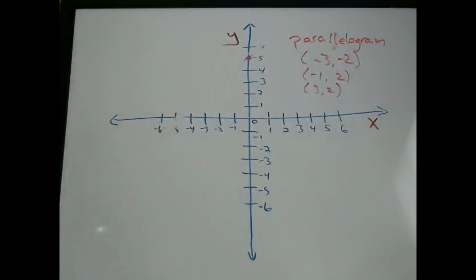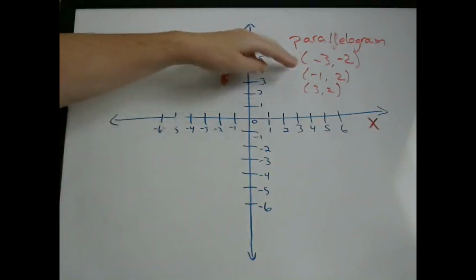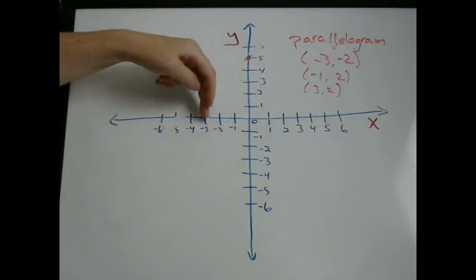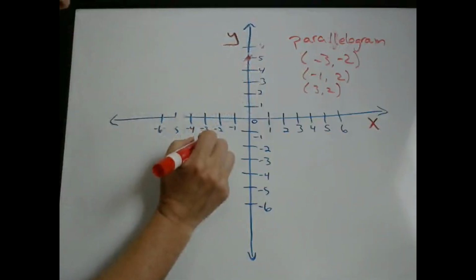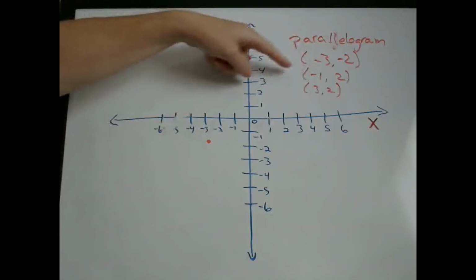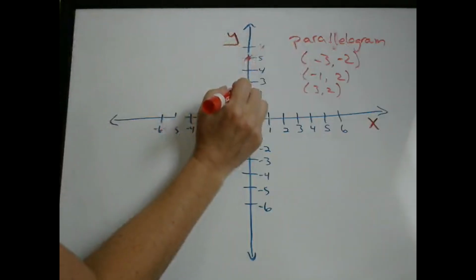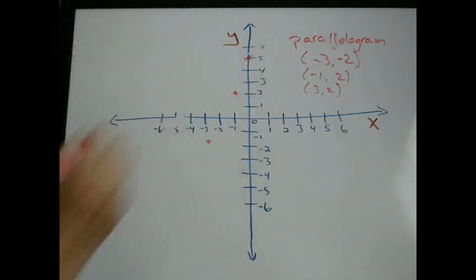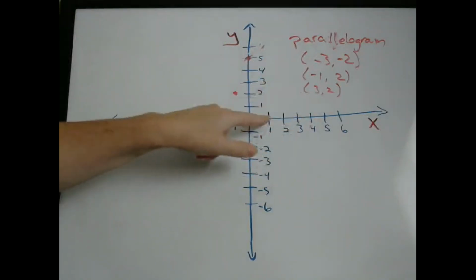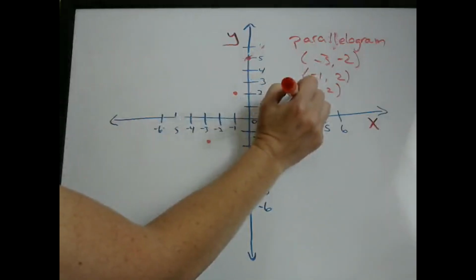So the first thing you need to know how to do is to plot these points. So (-3, -2), start at the origin, 1, 2, 3, down 2. So that's right here. (-1, 2): -1, and positive 2 is up here. (3, 2): 1, 2, 3, and 2 is up here.